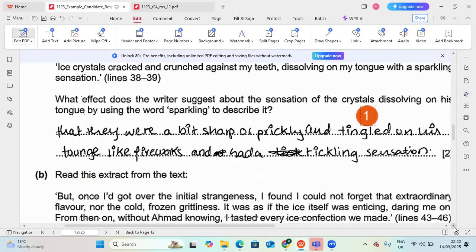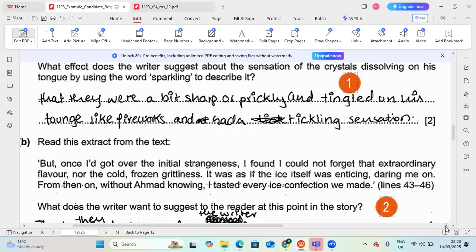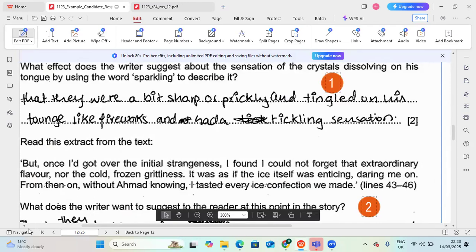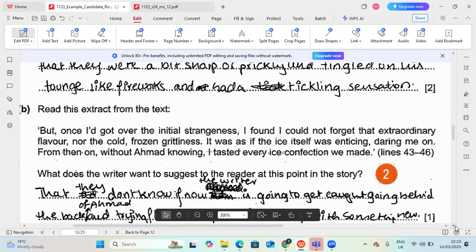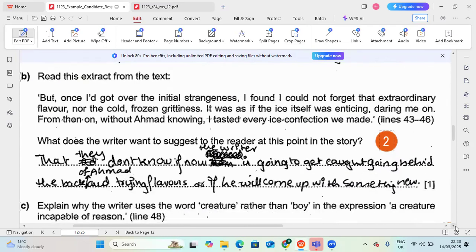The next question says, read this extract from the text and tell what the writer wants to suggest to the reader at this point in the story. "But once I had got over the initial strangeness, I found I could not forget that extraordinary flavor, nor the cold, frozen grittiness.